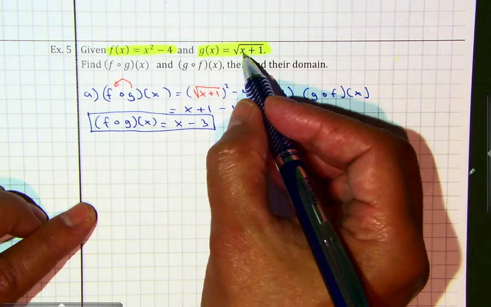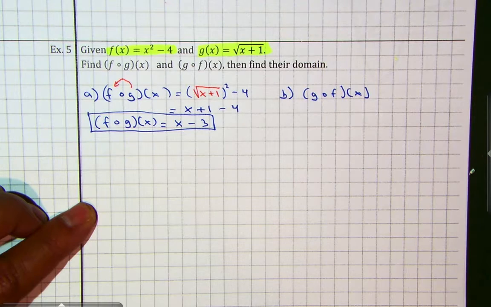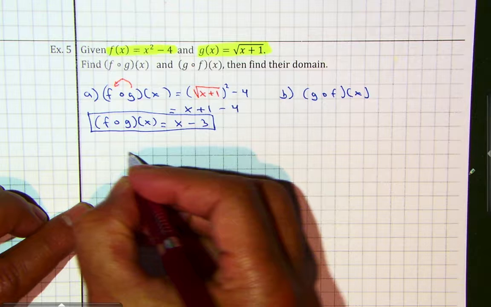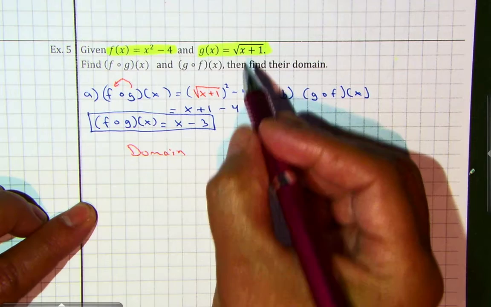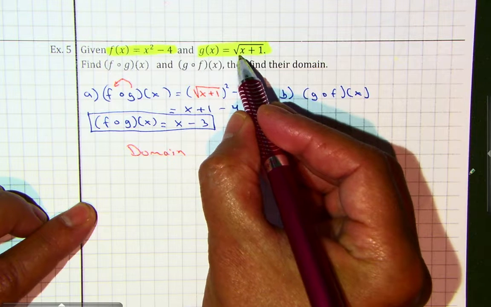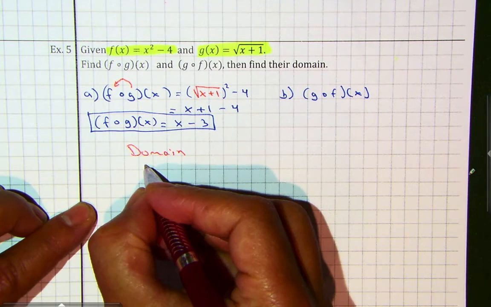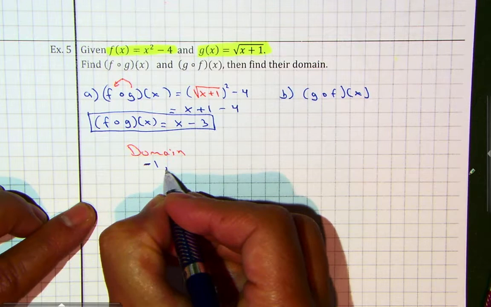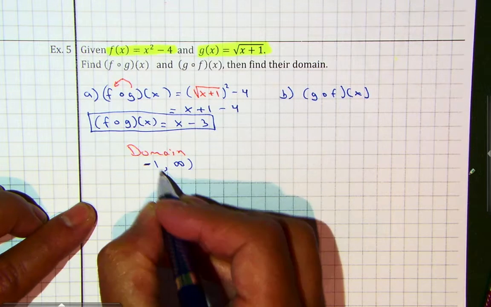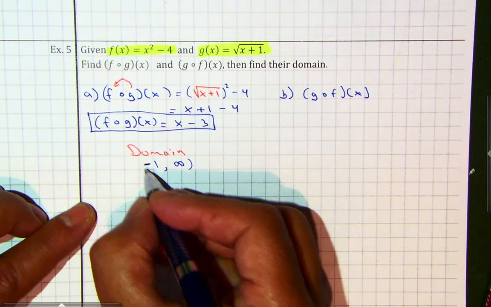So therefore, the domain will be the smallest value that we can plug in for x will be negative 1. It will be from negative 1 all the way to positive infinity. Right? If you plug in a negative 1, can you plug in a negative 1? Yes, that gives you 0.